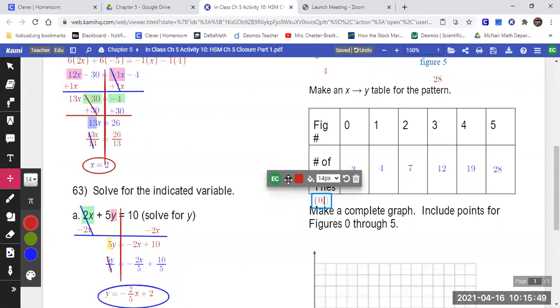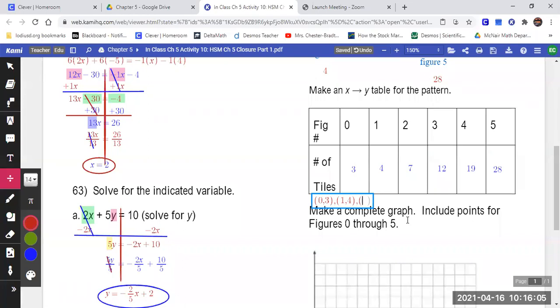0, 3. Then go. What's the next one going to be? 1, 4.